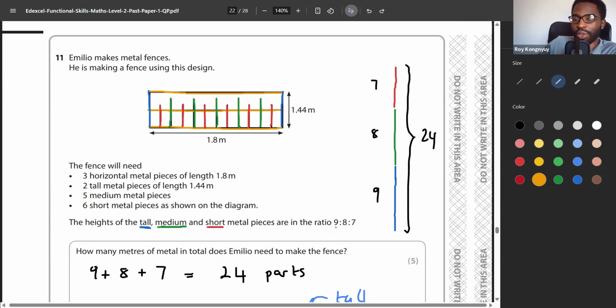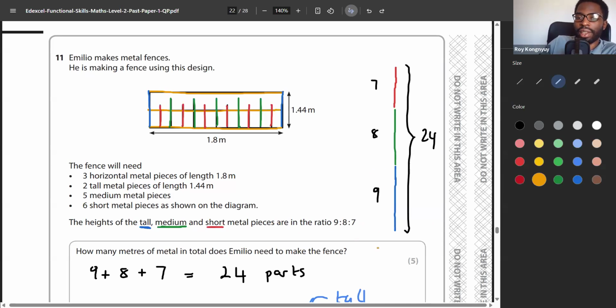So the tall is to the medium and the medium is to the short. It's a relationship, it's an analogy. That's what a ratio kind of is.